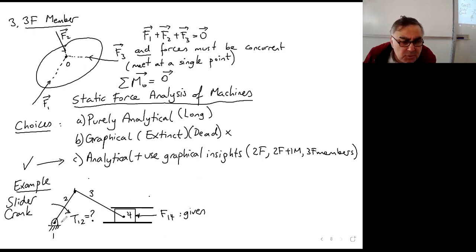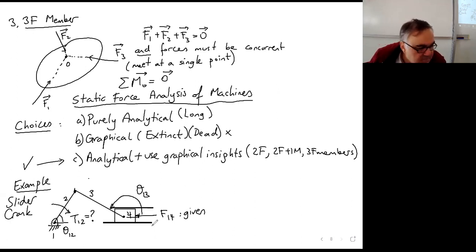What else do we know? We know the geometry, we know the link lengths, etc. So theta 2 is known. I guess this distance x is known, but it's kind of irrelevant. The distance s.